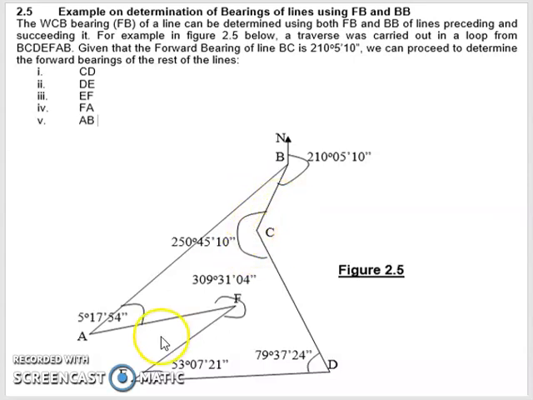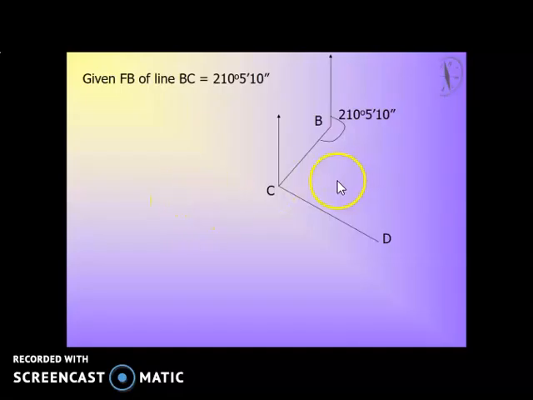So how do we do that? Since you are starting by trying to find out the forward bearing of the line CD, you can just draw a partial diagram that shows the line BC and CD to illustrate your calculations. From here, you can work out this angle here, which is the backward bearing of the line BC.